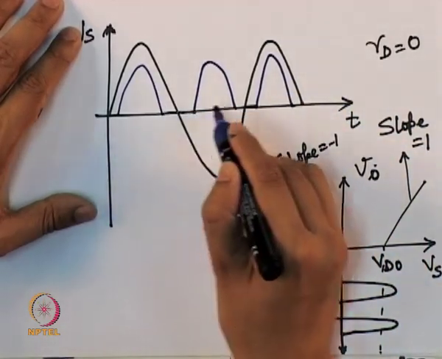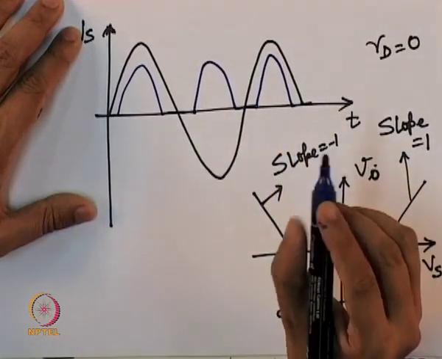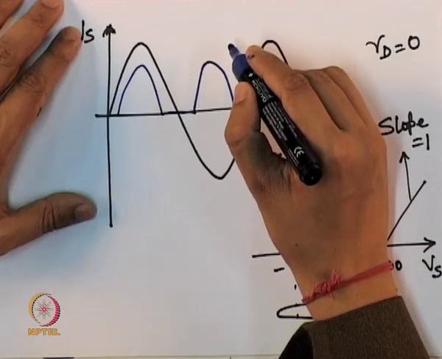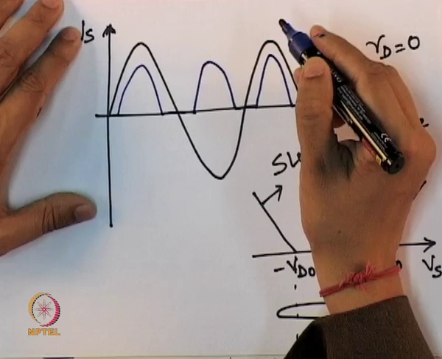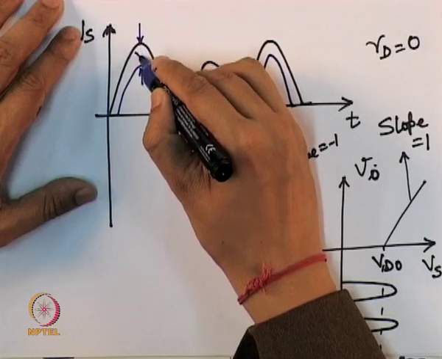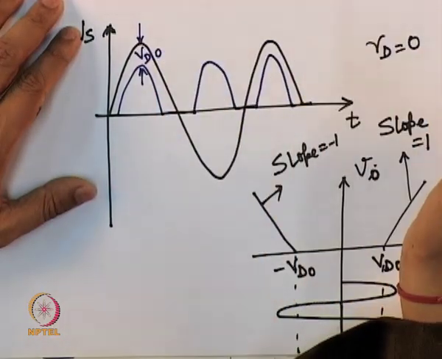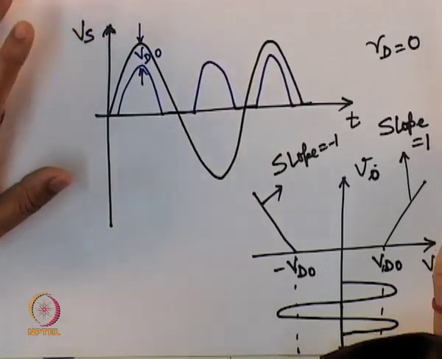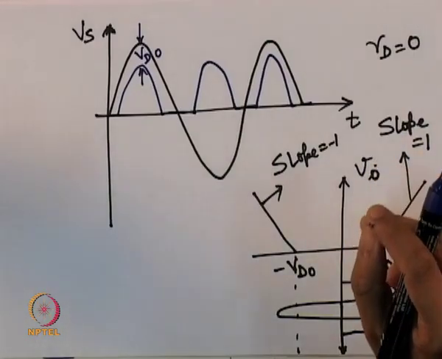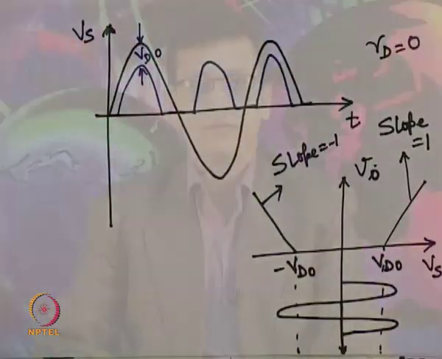So, my overall output will be as shown by the blue marker. Just like the previous case, we will have a diode drop Vd0 between the supply and the actual output.